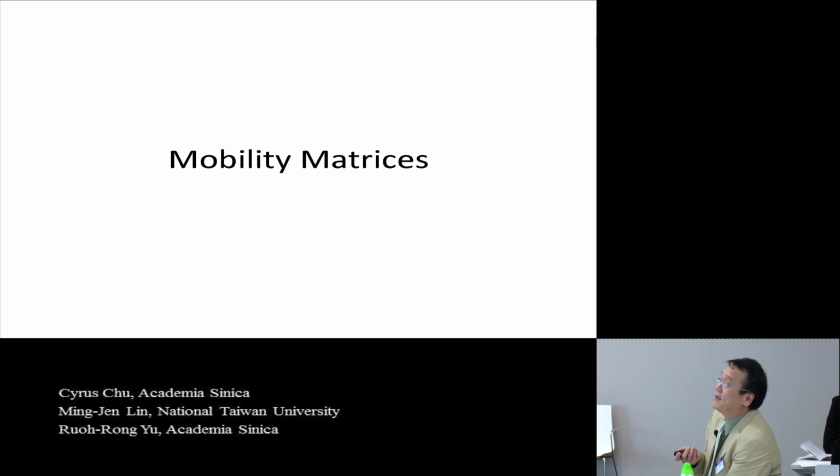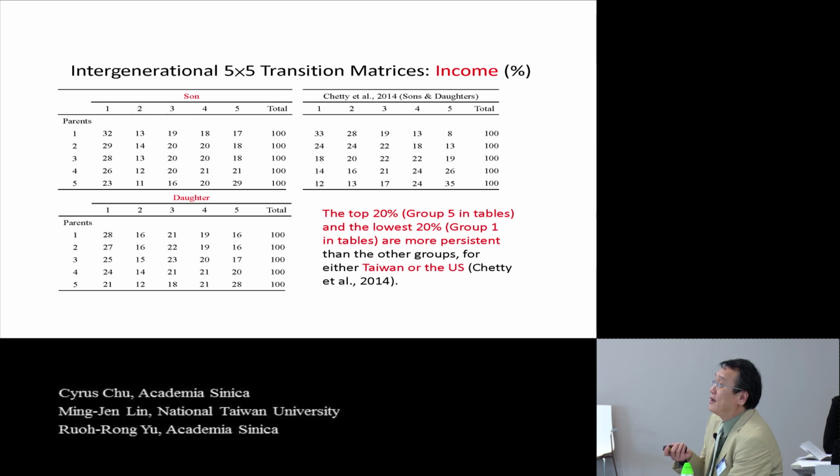This is a mobility matrix. The conclusion, roughly, is that the top 20% and the lower 20% are more persistent.